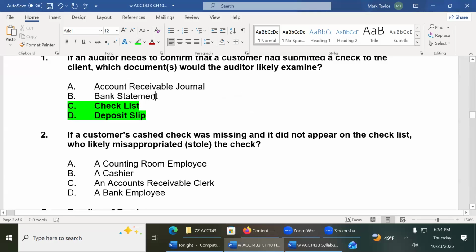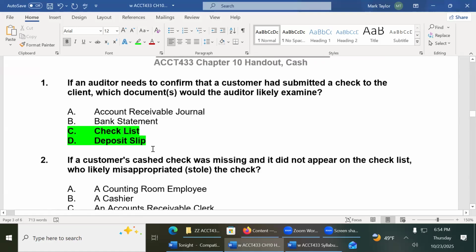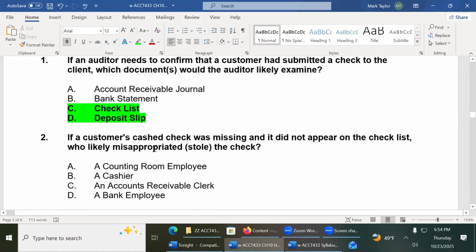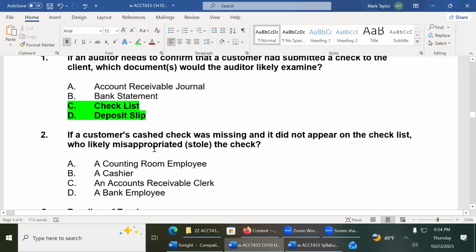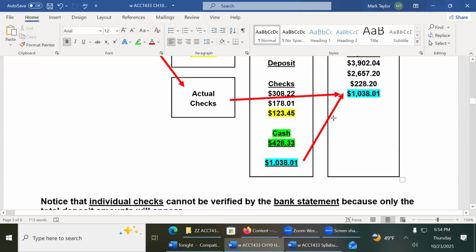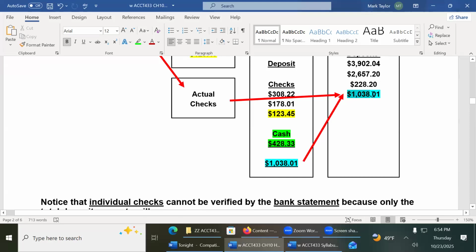The bank statement will show it in total, and if it's on the deposit slip, the deposit slip should match up to the bank statement. But the actual check itself will show up on the checklist. The bank statement will show up in total for the deposit usually.